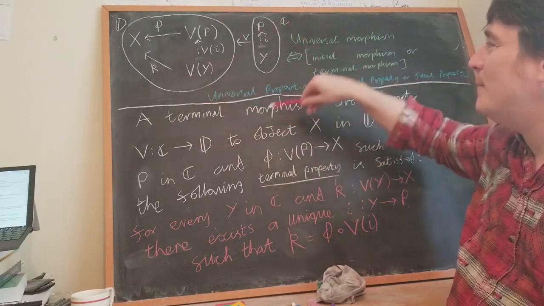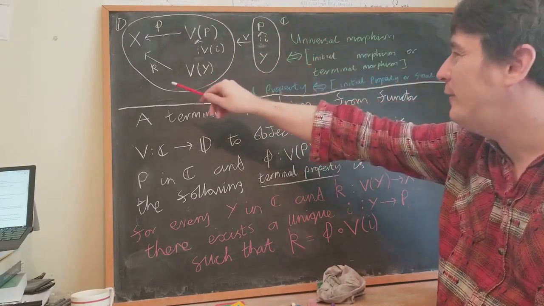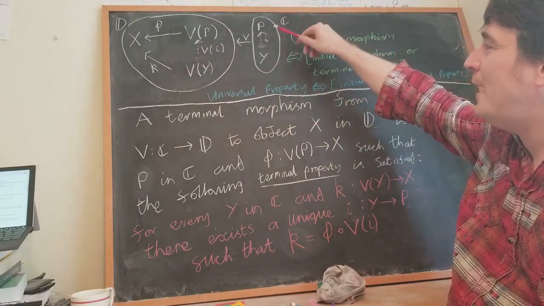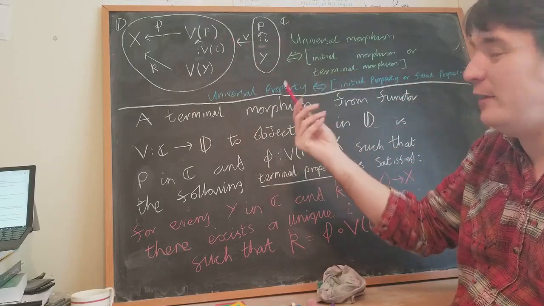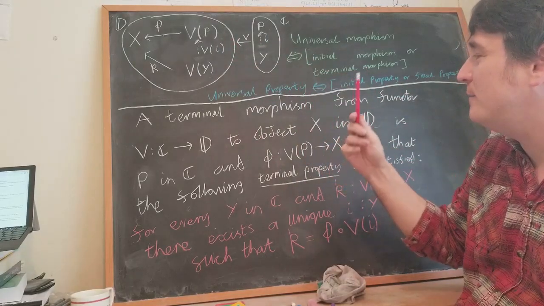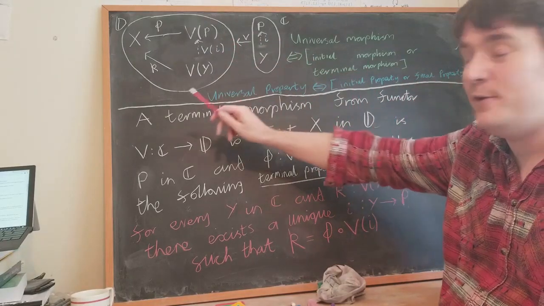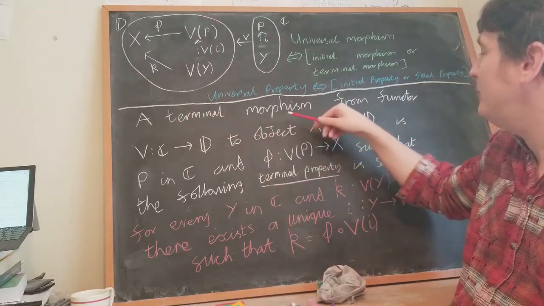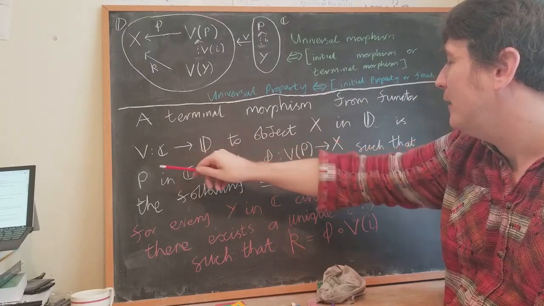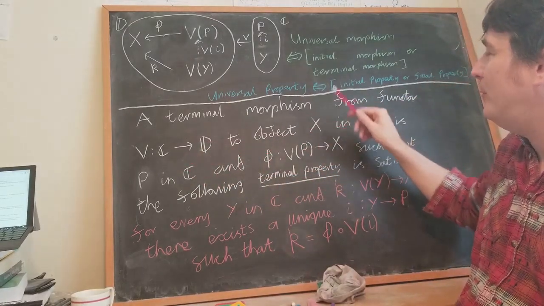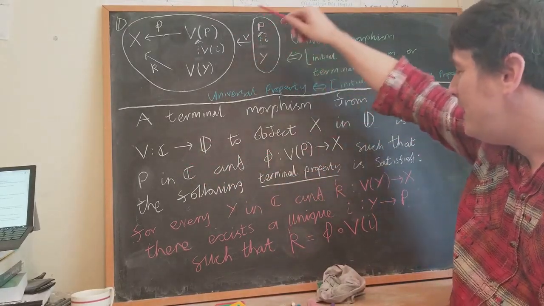Now look at the diagram here. It's just the same as the diagram I last showed you, except I've reversed all the arrows within the categories. And that's basically all we have to do for this definition. So the definition of a terminal morphism, now we say it's from the functor V to the object X. So we have this functor here from C to D, okay?